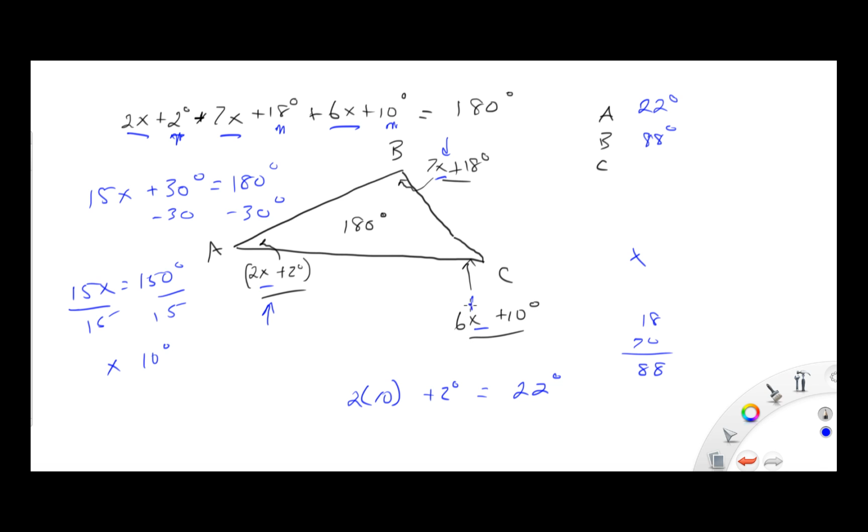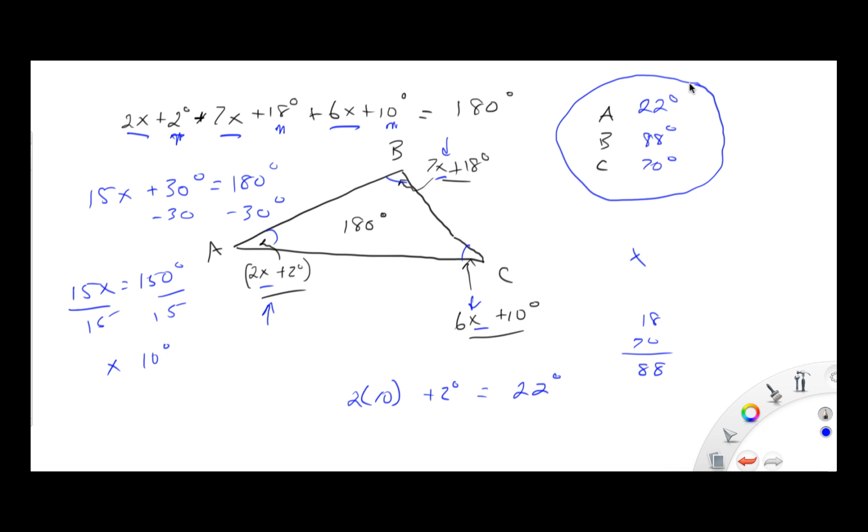C, we put 10 in here, 60 plus 10 is 70, 70 degrees. So we have figured out every single one of these angles by using just a simple geometry theorem.